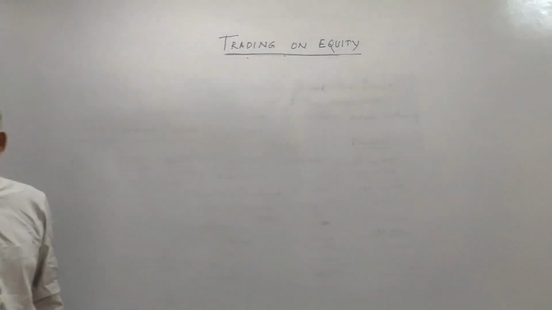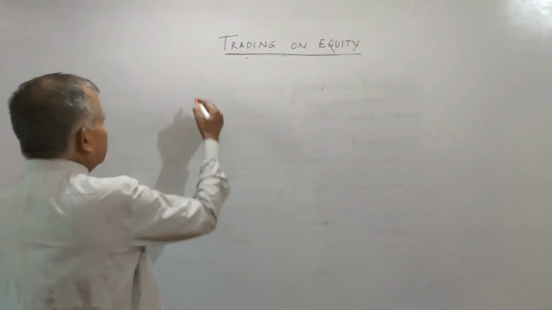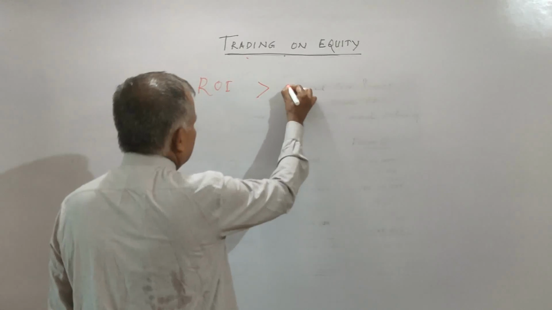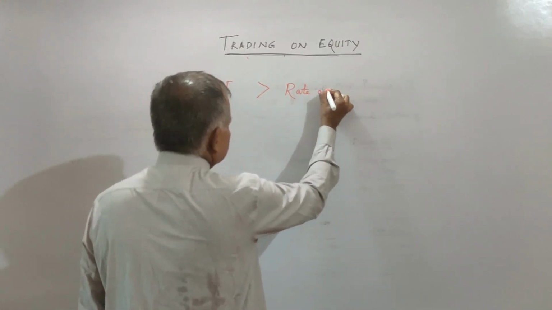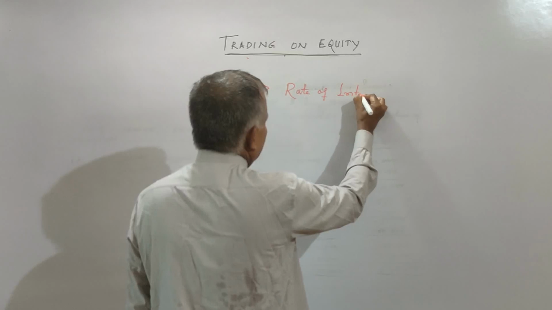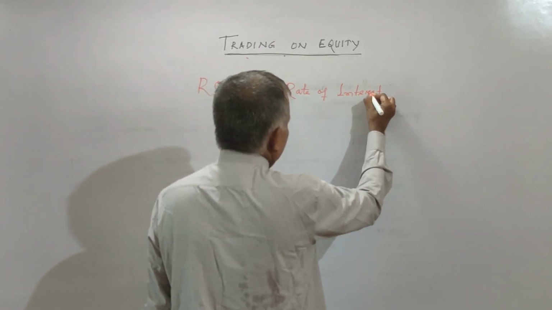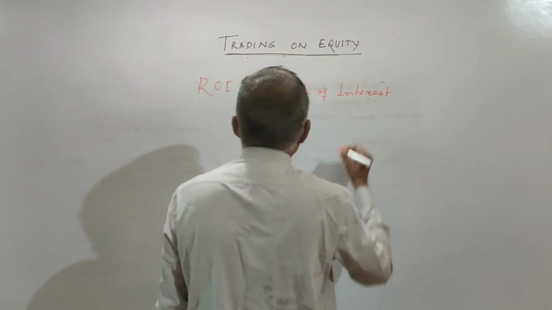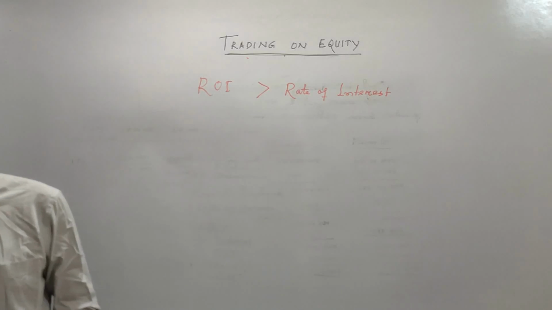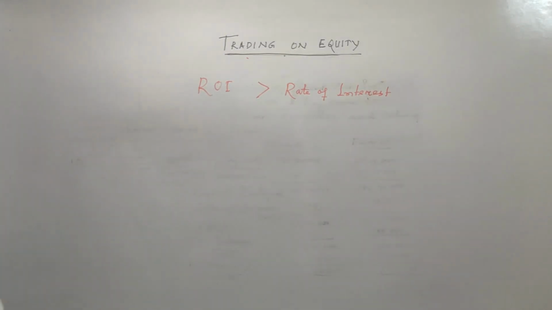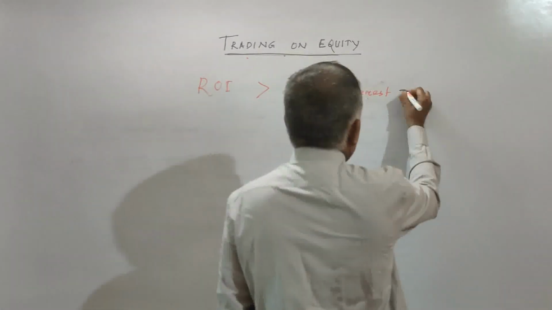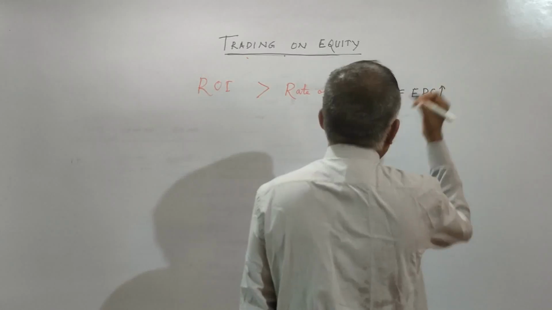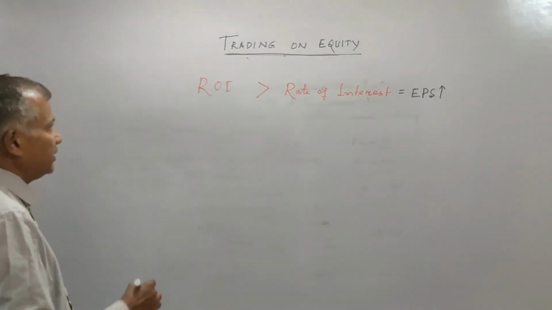In trading on equity, if return on investment is greater than rate of interest, we can say EPS will increase, earnings per share will increase.